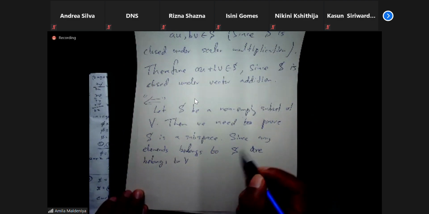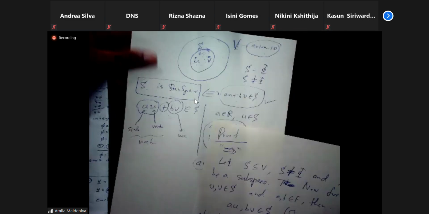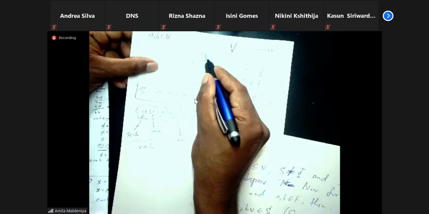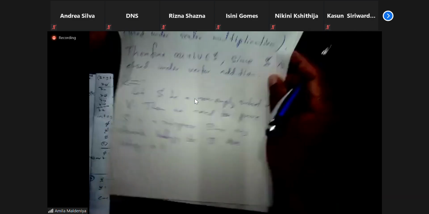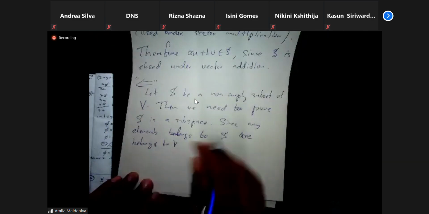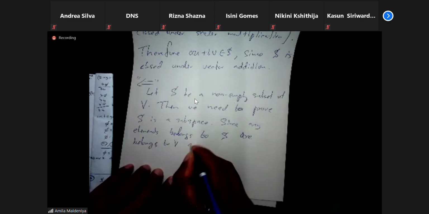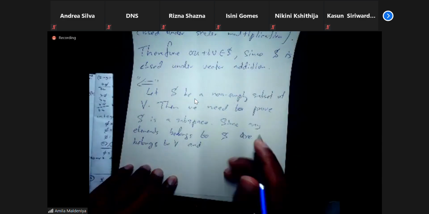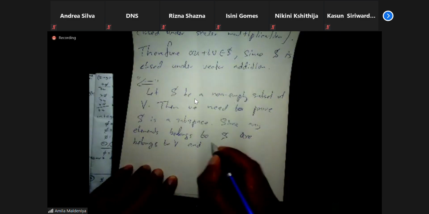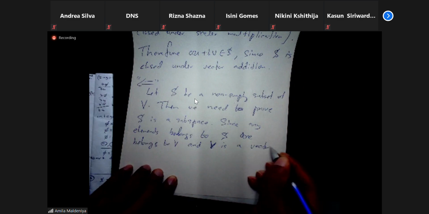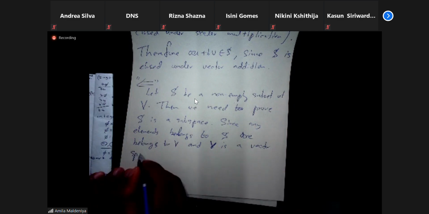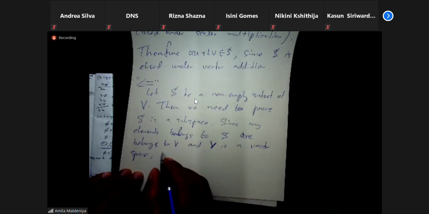If I take any elements U and V in S, definitely those are elements in V. And what we already know, V is a vector space and satisfies the vector space axioms.